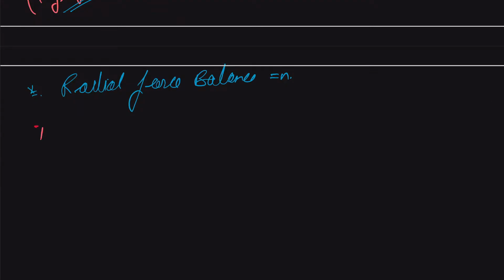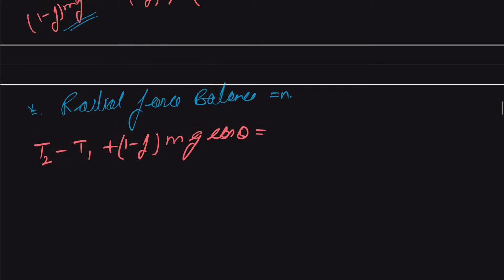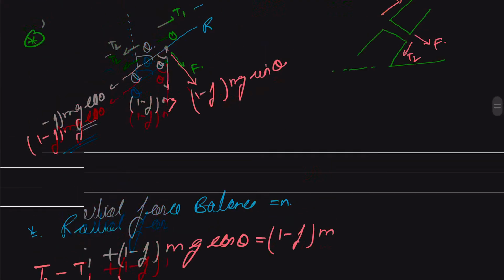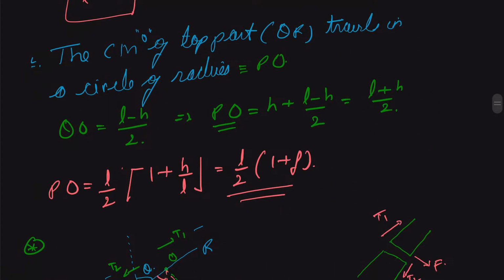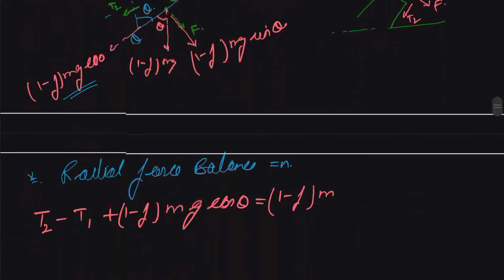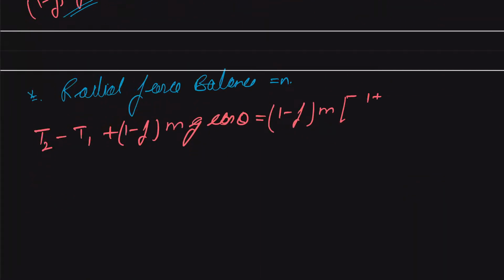Therefore we can write this as T2 minus T1 plus (1 minus f) mg cos θ, and that will be nothing but our mass component, (1 minus f) times m, and then we have the length we just calculated, (1 plus f) upon 2 times L, and the θ derivative squared.